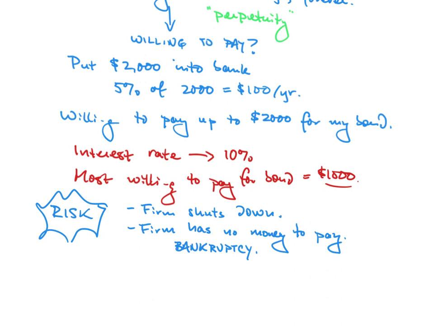Governments also sell bonds, and this is an important way that governments finance things. Probably the most secure bonds a person can purchase are from the United States government, because it will probably not shut down anytime soon, and it will probably always have money to pay, especially since it can always print its own money to pay off its own debts. So those are the lowest risk bonds, but there's always risk for companies that one of these things will happen.